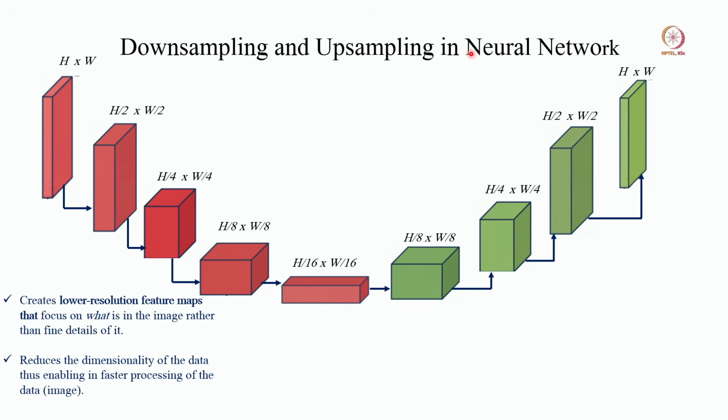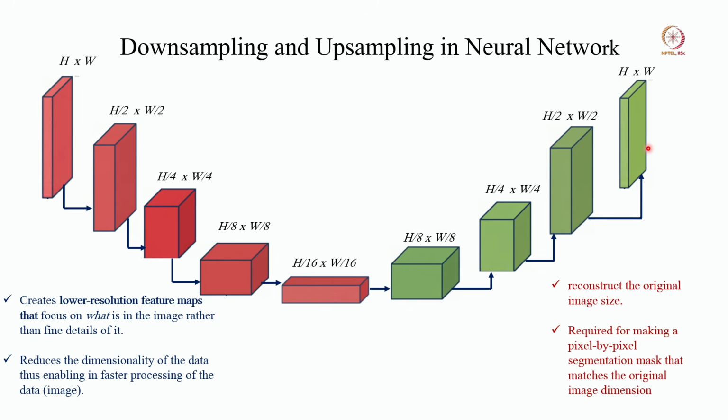So, we are coming back to the initial size of the feature map. Now, why do we require this? This entire process is called upsampling. So, this part is called downsampling and this part is called upsampling.